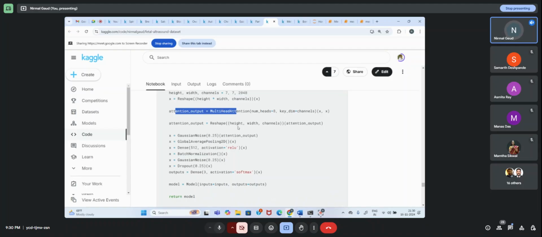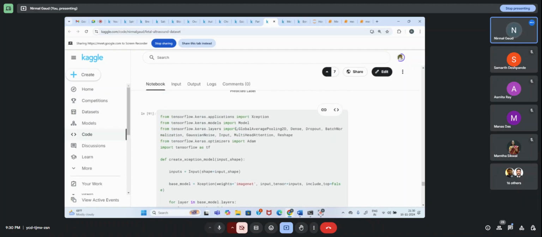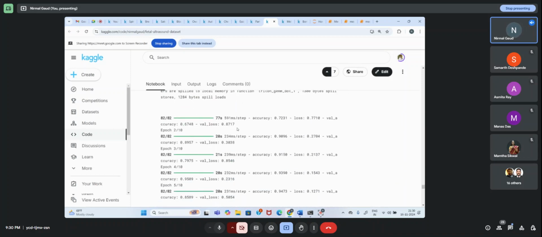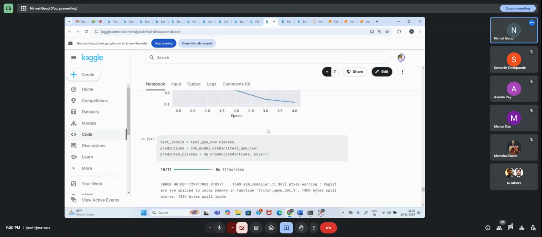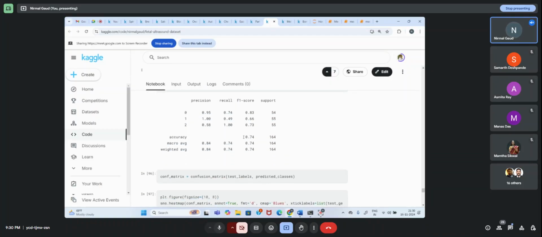Previous architectures were without attention. Now this is Xception with attention. What is the score? Training accuracy 94, testing 74. So attention didn't improve.